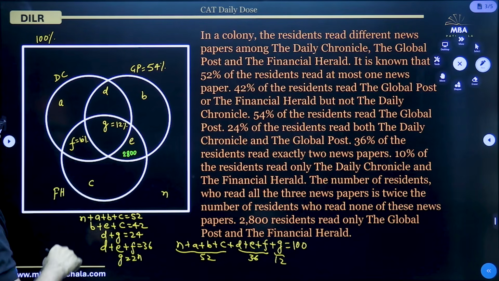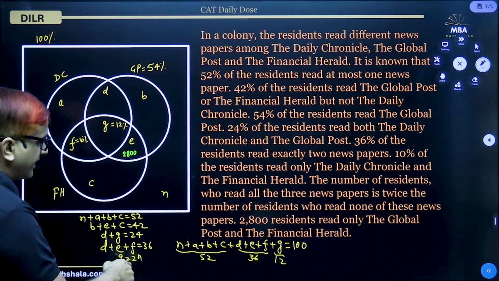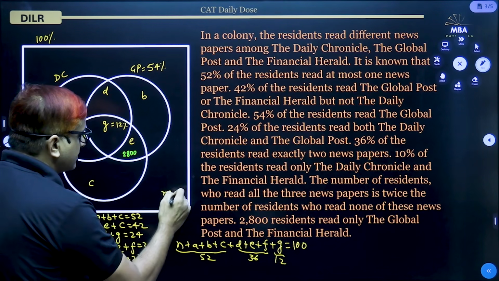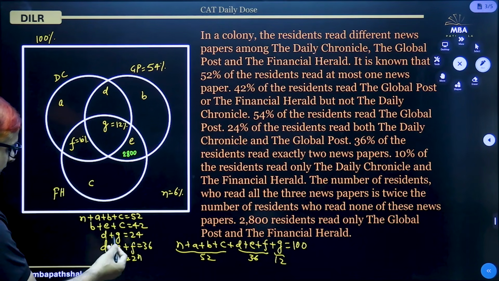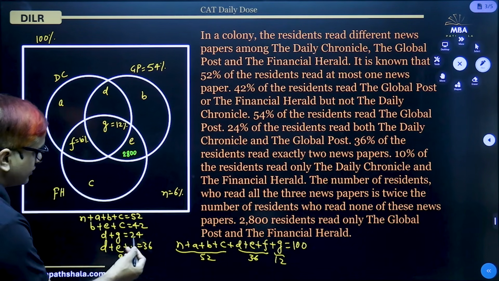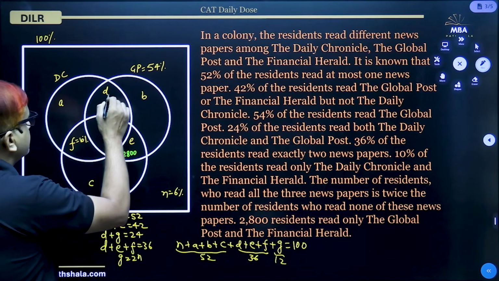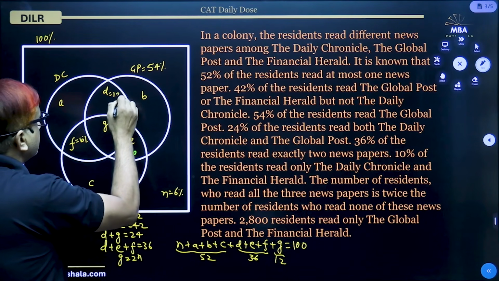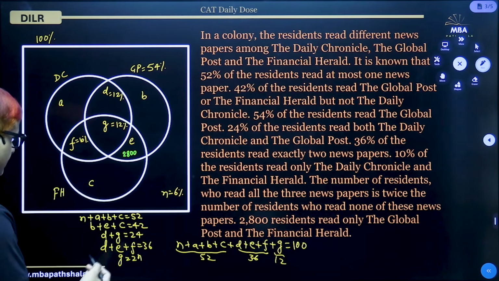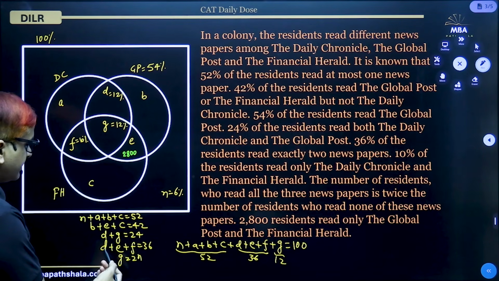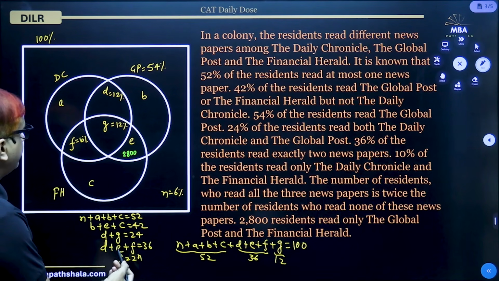Now as G is 12%, G is equal to 2N. So that gives N is equal to 6%. Also as G is 12%, D plus G is 24. That means D also is 12%. Now as we know D is 12% and E we have to calculate, F is 10%.